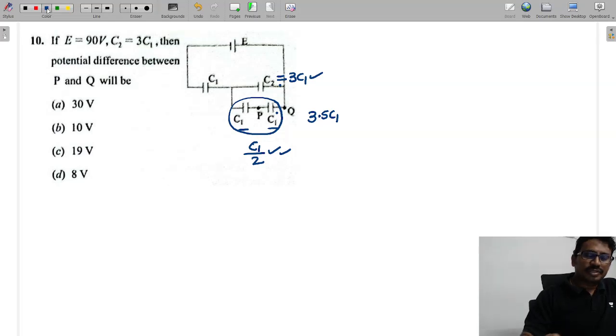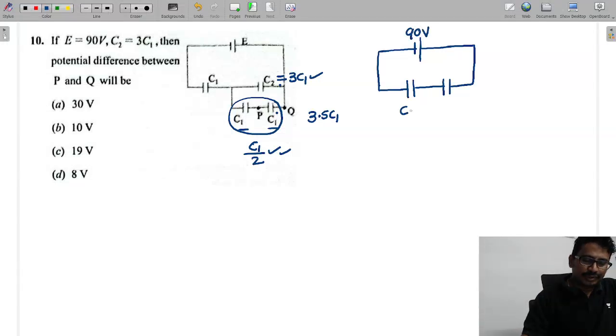If I redraw the circuit, it will come like this. The E value given is how much? 90 volts. This value is C1, and this is 3.5 C1.